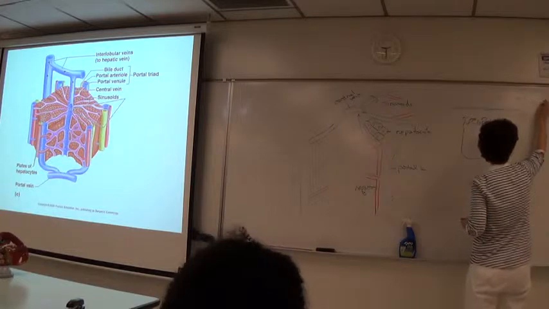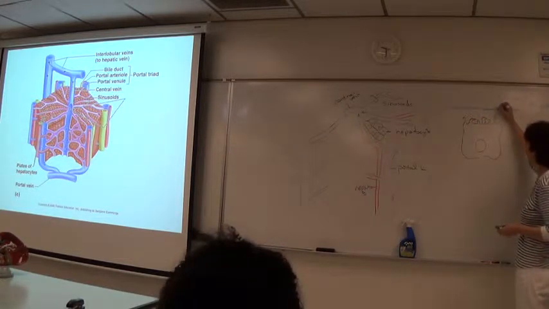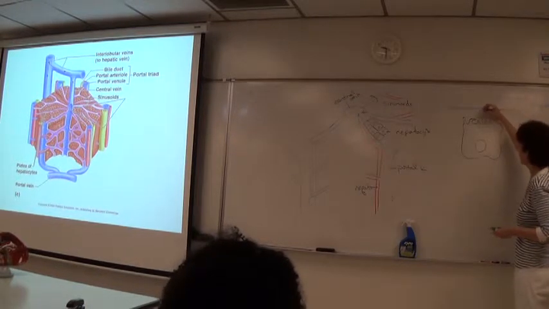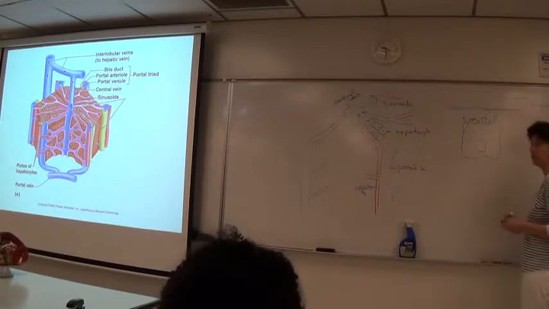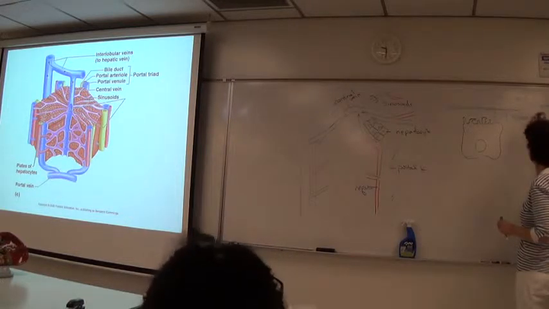This is going to contain plasma. And this gap, so nutrients are going to cross this way, and the hepatocyte is going to secrete in the opposite direction whatever it's synthesizing. This gap in between the two is known as the space of Disse.